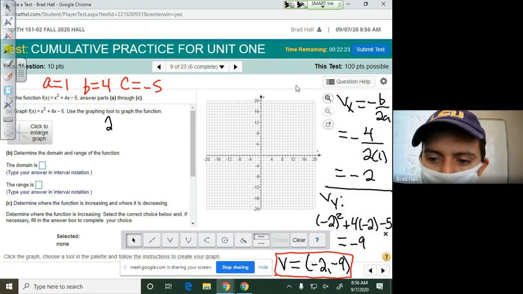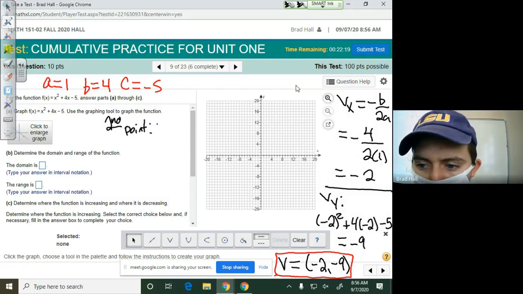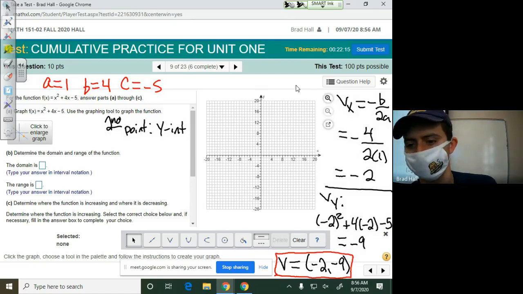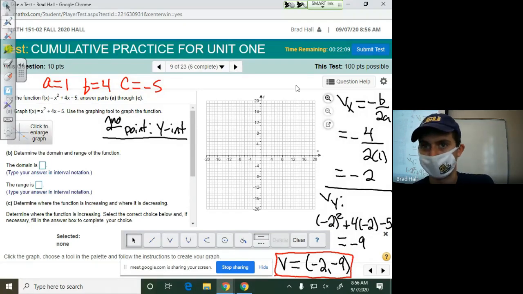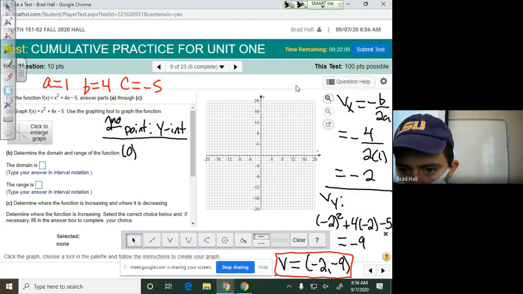So hopefully by now you remember how to find the y-intercept. For the second point, we'll find the y-intercept. This is where you set x equal to 0. That's why this one's easy, because all the x's become zeros. And you just get -5.